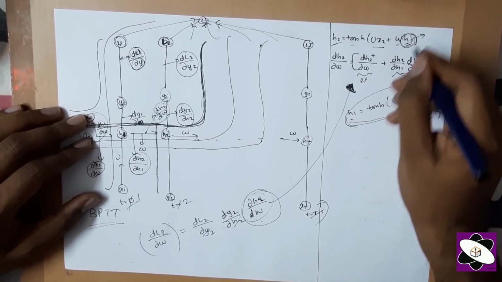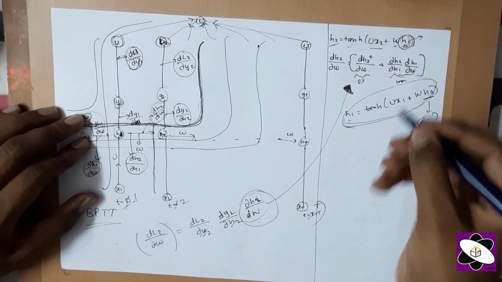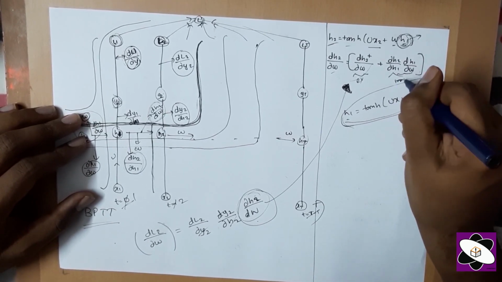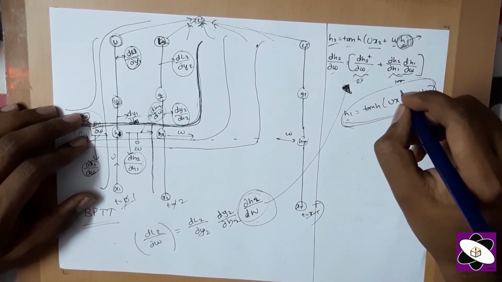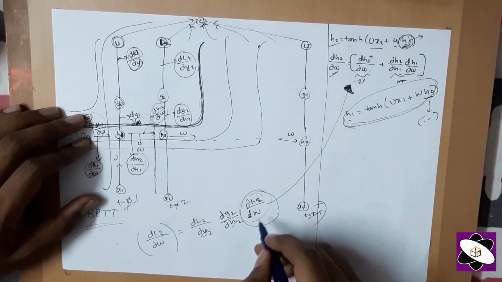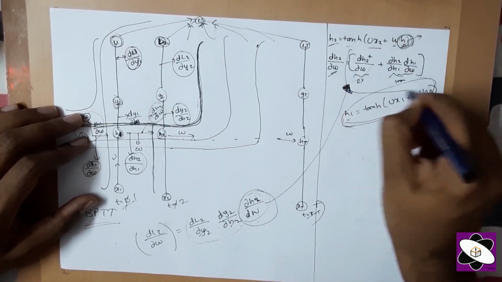We will treat h1 as constant over here, and then we get the h1 derivative with respect to W if you want to do, and here we will treat it as implicit, that means as an argument instead of a constant. So if you substitute this value over here, we will get this whole packet.